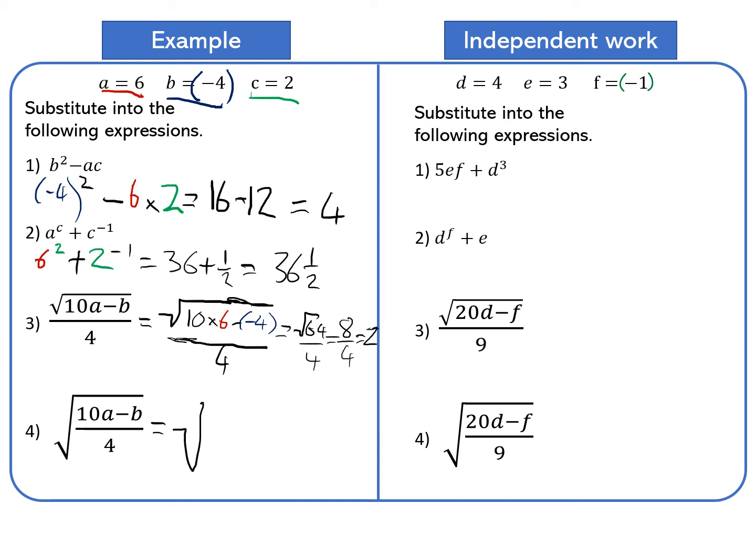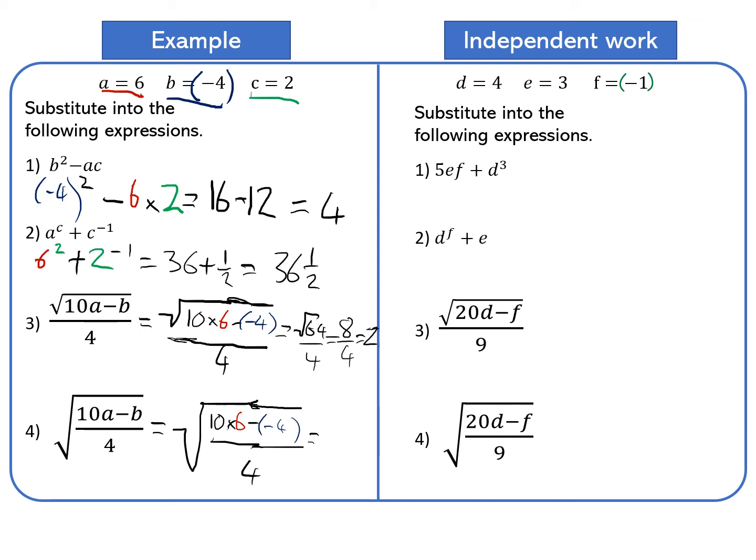Now here, that root affects everything. So I've got 10a, so that's 10 times 6 minus 4. And I'm dividing that by 4.